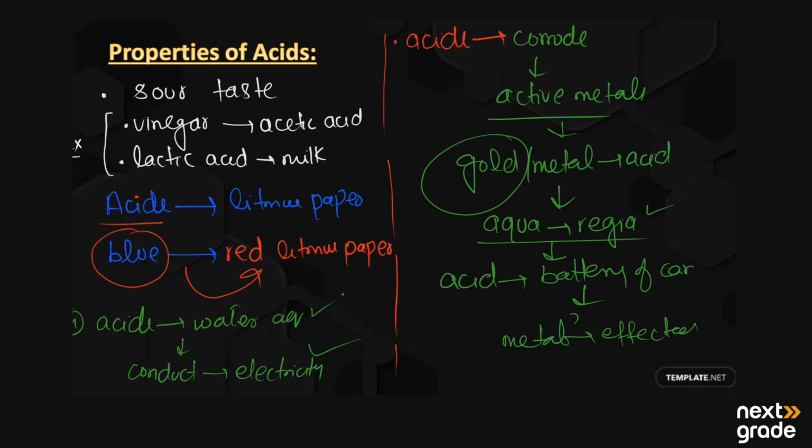They can also be used as acid base indicators, just as the litmus paper is used as an acid base indicator. With the help of litmus paper we can identify acids. So these are some properties of acids.